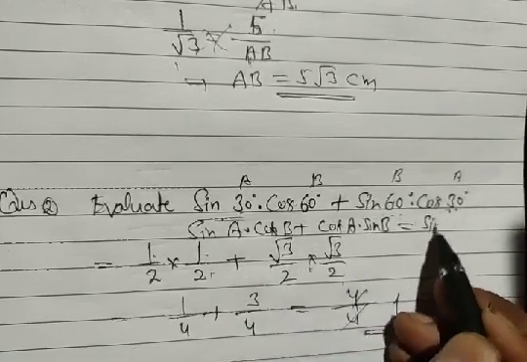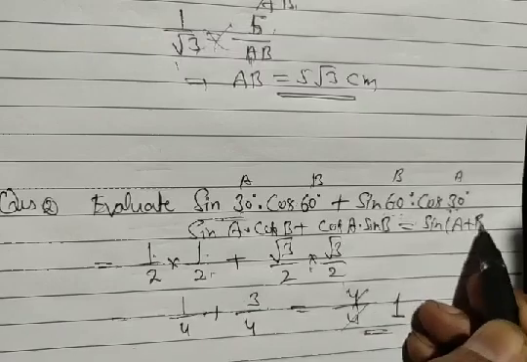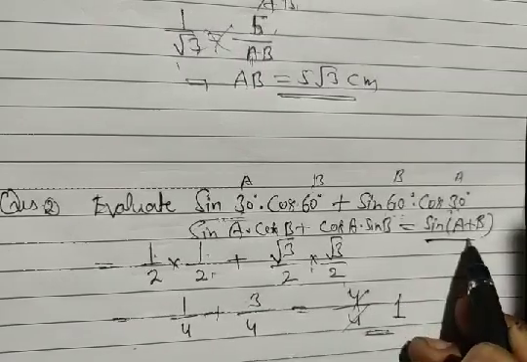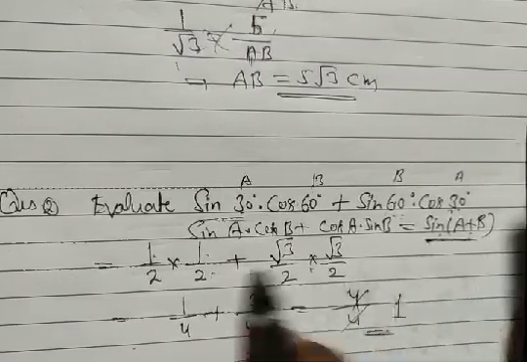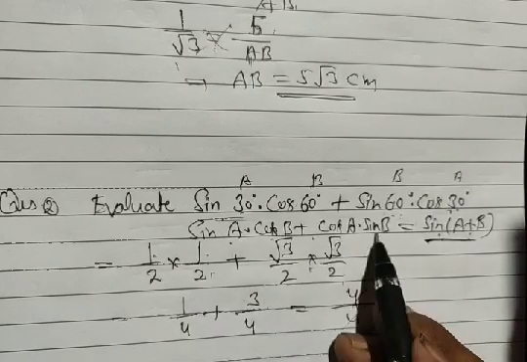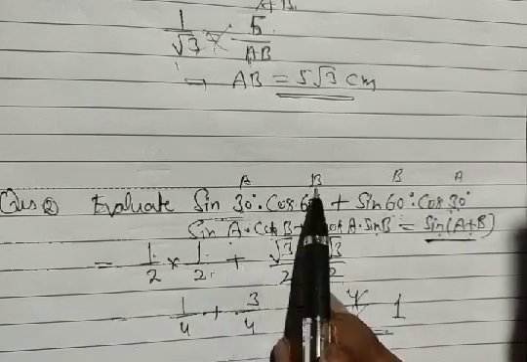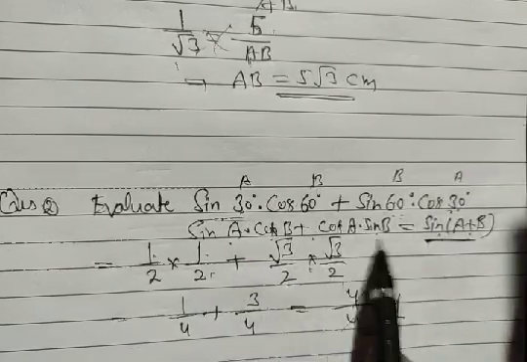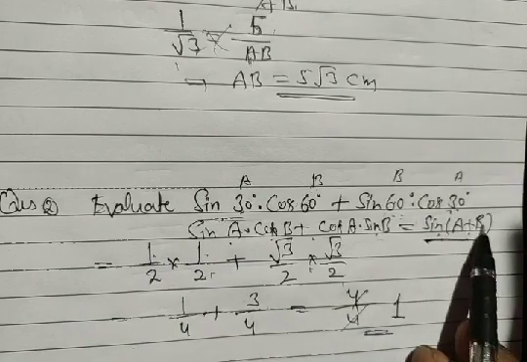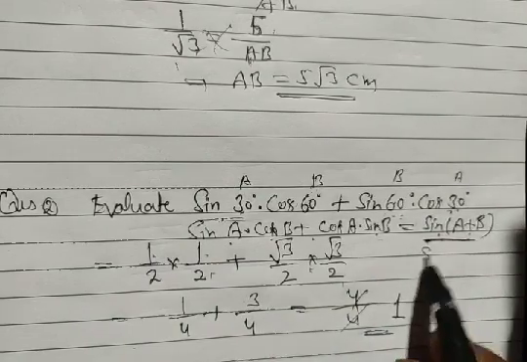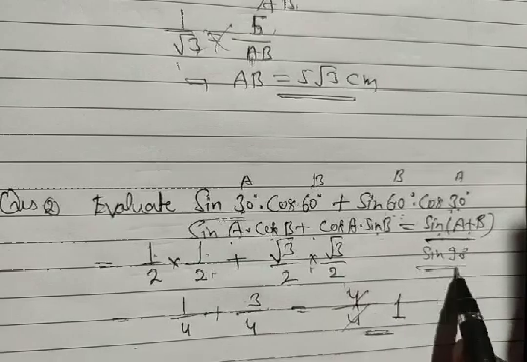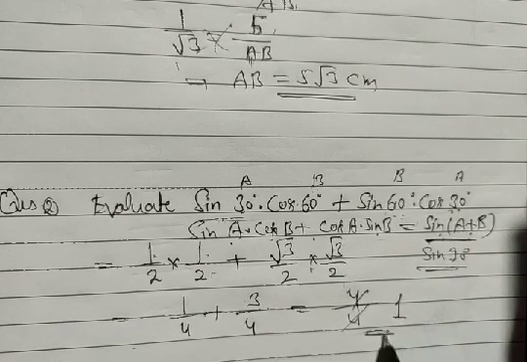This is equal to sine A plus B. When we expand sine A plus B, we get sine A into cos B plus cos A into sine B. Angle A is 30, angle B is 60. Using this identity, 30 plus 60 is 90, so it is sine 90. And we know that the value of sine 90 is 1.